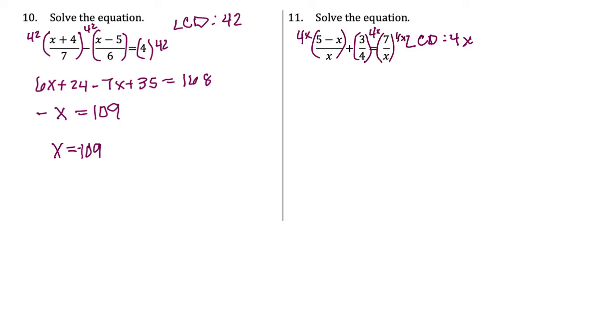Once we do that, we are going to have 20 minus 4x plus 3x, and then that's going to be equal to 28. And so that's going to give you negative x equals 8. So x equals negative 8.